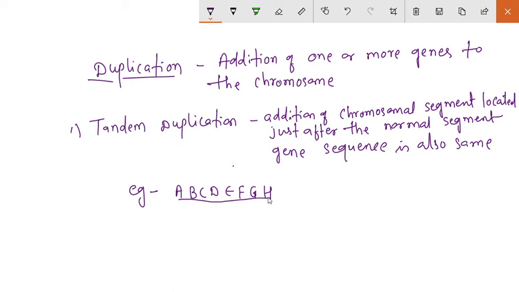Now there is the addition of this part, D, E, F. Suppose this part D, E, F is duplicated. Then the resulting chromosome will be A, B, C, D, E, F, again D, E, F and then G and H.